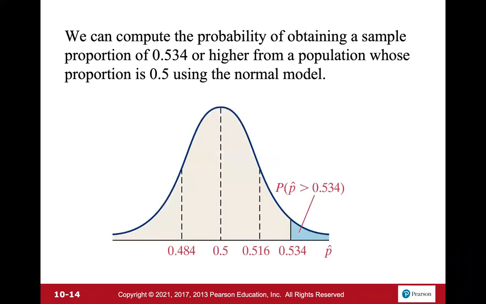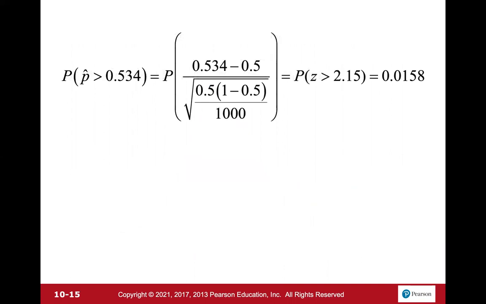Next, we can compute the probability of obtaining a sample proportion of 0.534 or higher from a population whose proportion is 0.5 using the normal model. So the probability of p hat being greater than 0.534 is again equal to the probability, we're looking at the z-score.